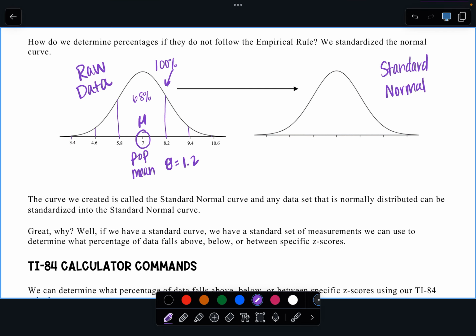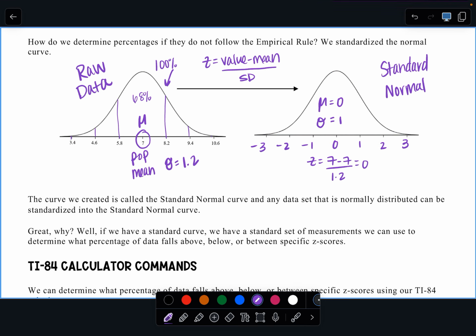All that means is if I took every single one of these values and found a z-score for it, so value minus mean over standard deviation, for 7 and 8.2 and 9.4, and did that for every single one, you should see that as we build out this standard normal curve, it turns into a distribution with a mean of 0 and a standard deviation of 1.